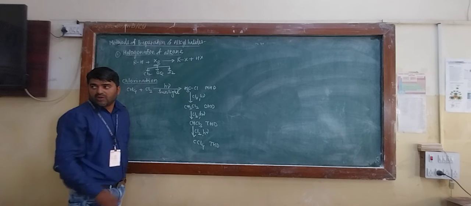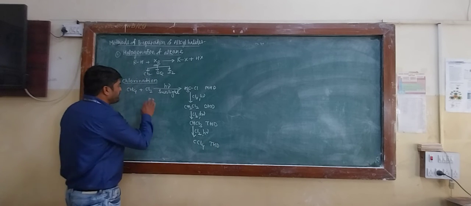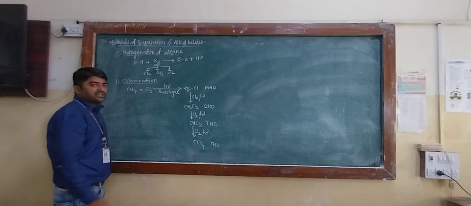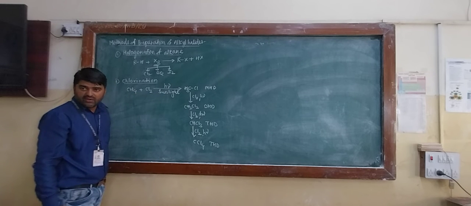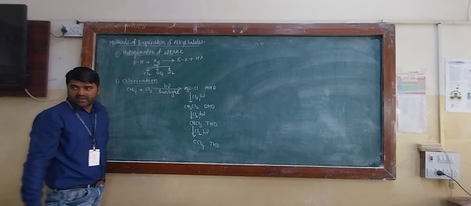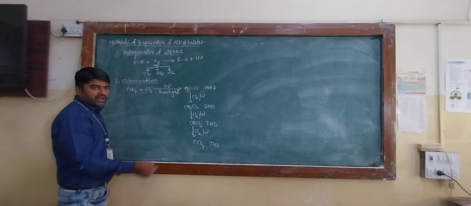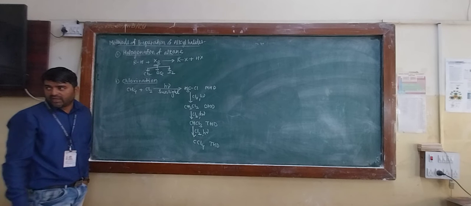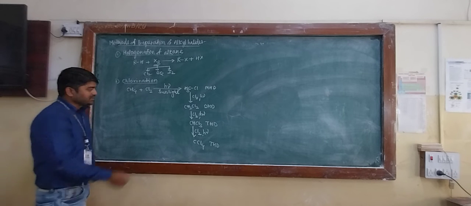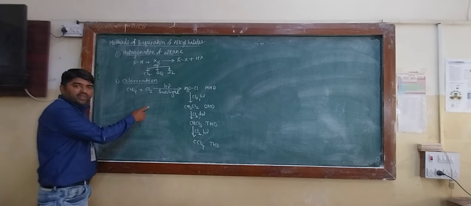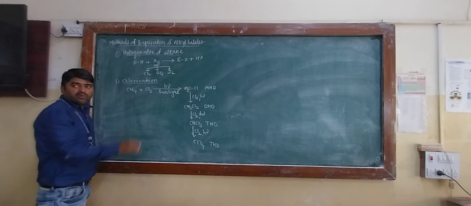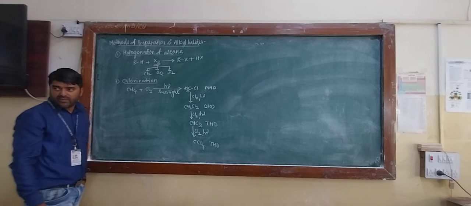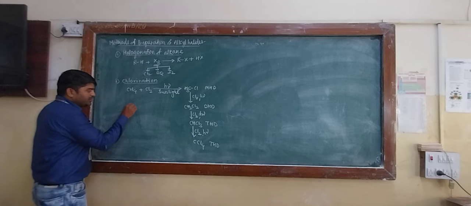So in halogenation or the chlorination of alkane, you get a mixture of monohalogen, dihalogen, trihalogen and tetrahalogen derivatives. You cannot have 100% of one of the derivatives. So this method is not useful for preparation of one of the halogen derivatives.